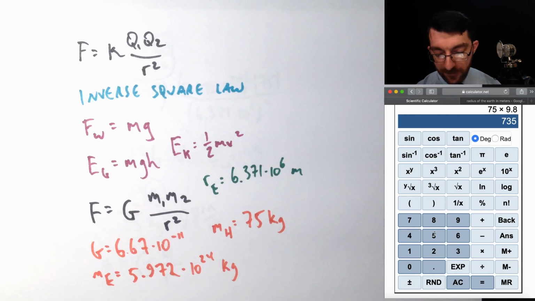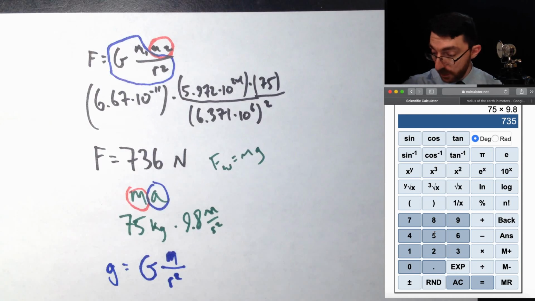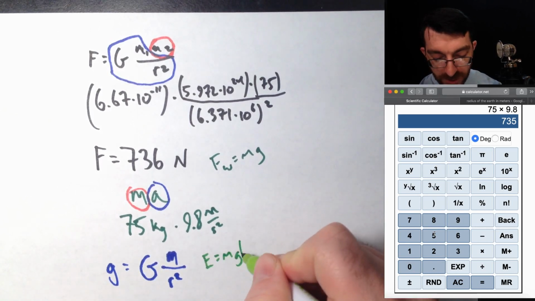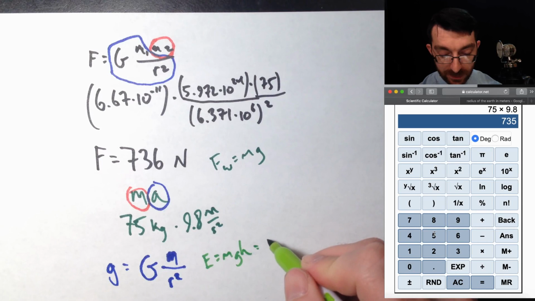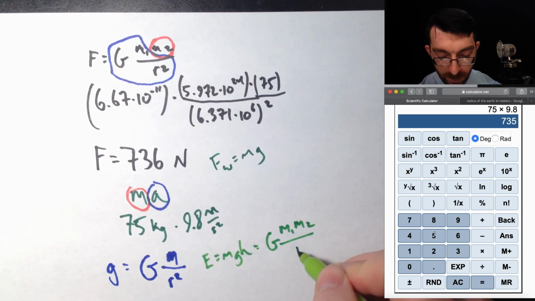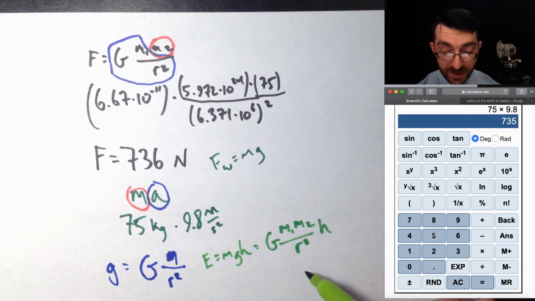So, if you were inclined, you could rewrite this physics equation, E equals mgh, as E equals G m1 m2 over r squared times h. Now wait a second, what does h represent? Doesn't h represent a distance from the ground? Well, that's kind of what r squared is.